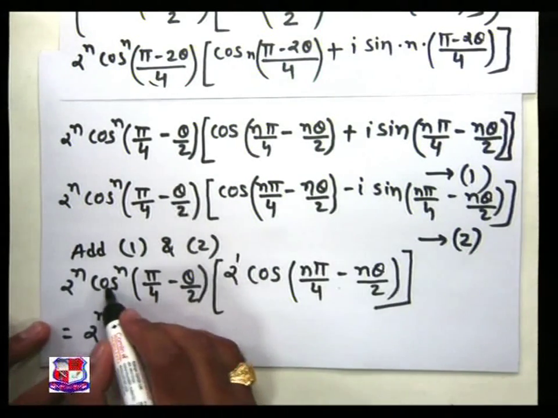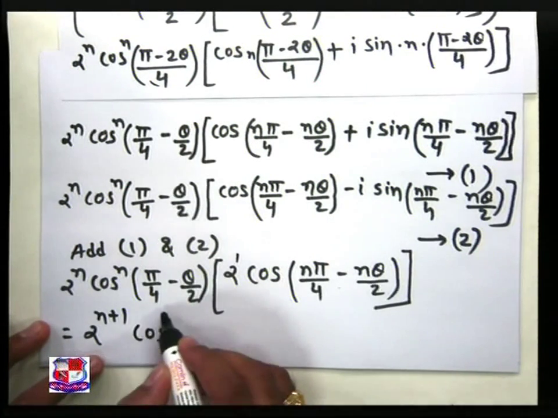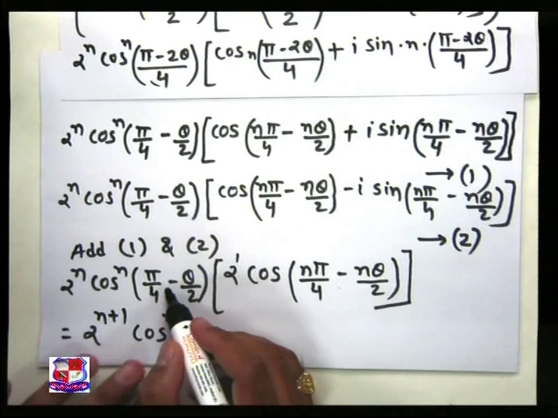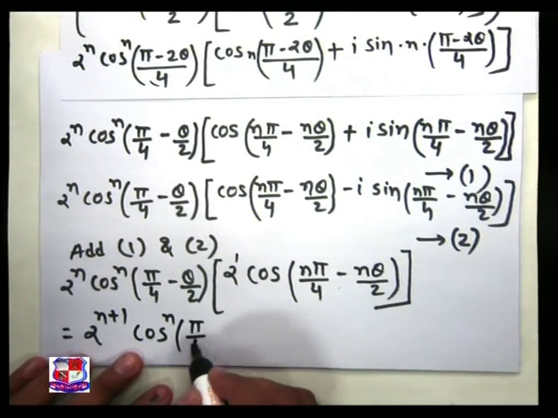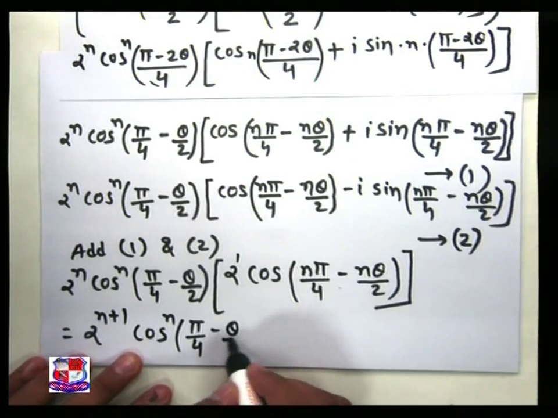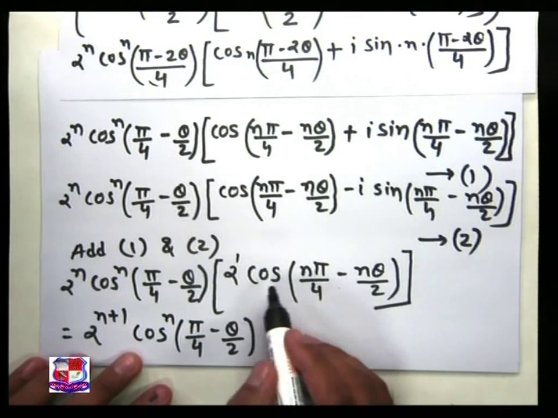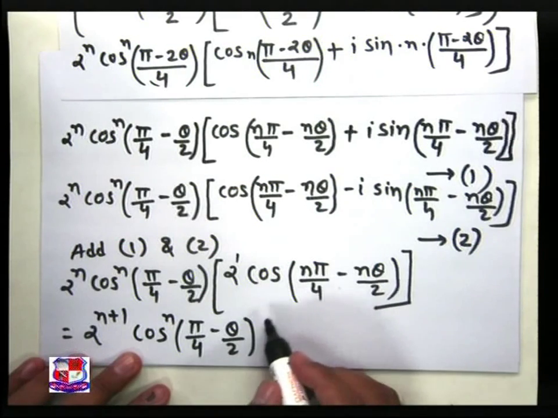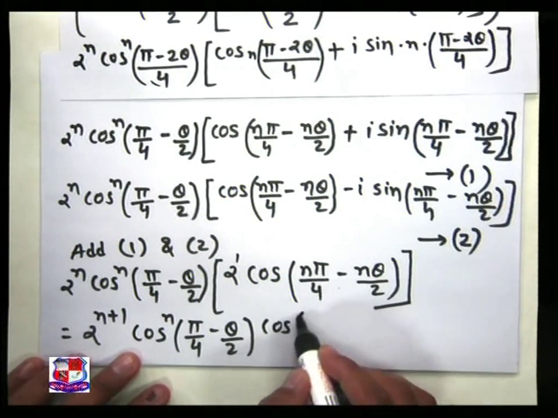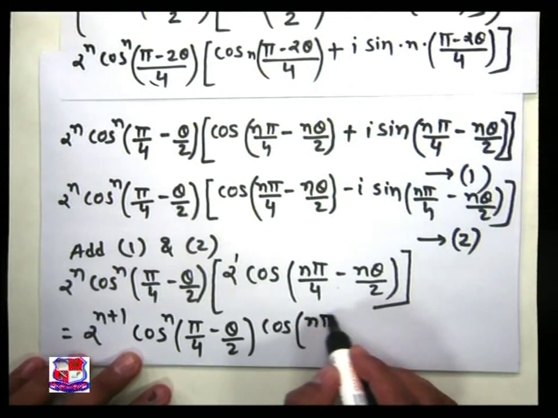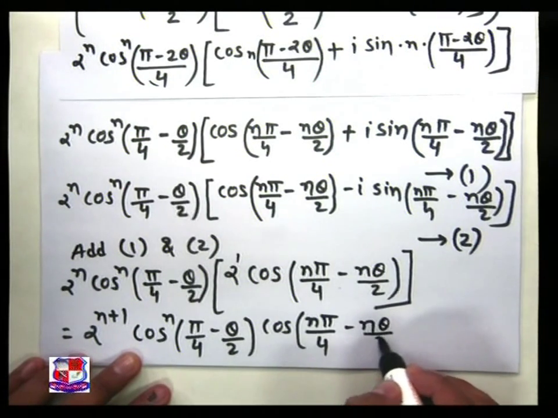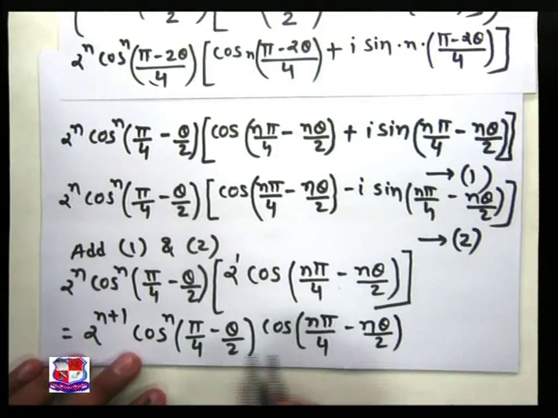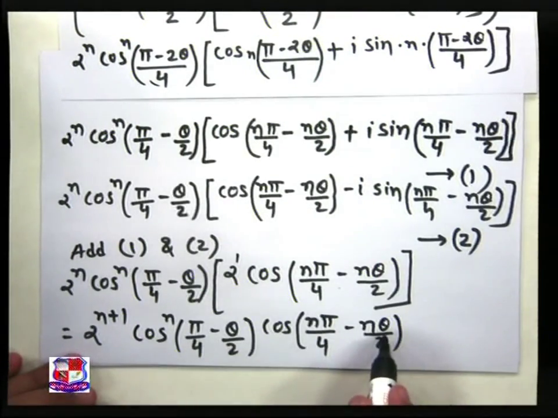Here the second term is as it is, cos raised to n of pi by 4 minus theta by 2, and finally our last term, that is cos of n pi by 4 minus n theta by 2. So this is the final simplified step.